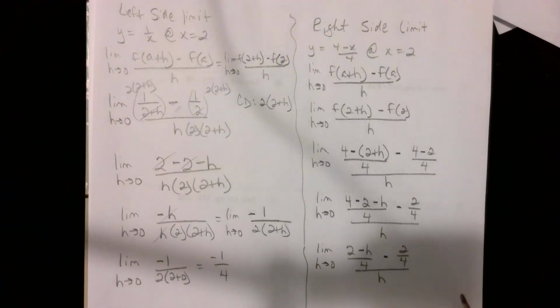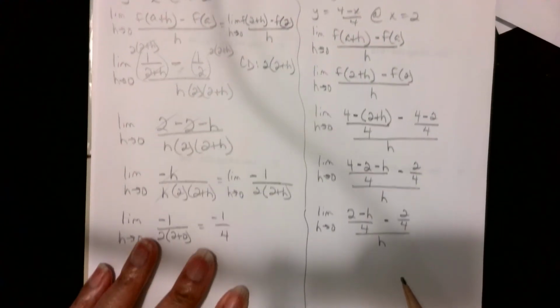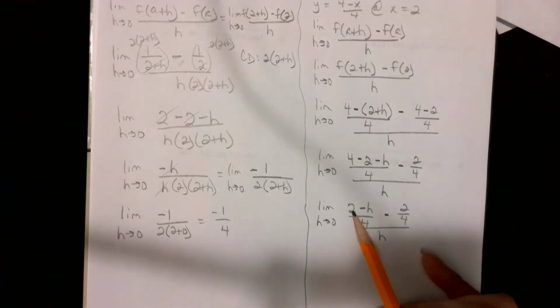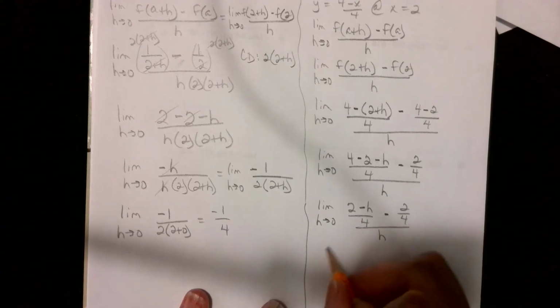Alright, so because we left it as 4, that's our common denominator. And we actually can combine it because it's our common denominator. So remember, when the denominators are the same, you can add or subtract the numerators. So this is actually 2 minus h minus 2. Well, you can do that because the denominators are the same. So we get the limit as h approaches 0.